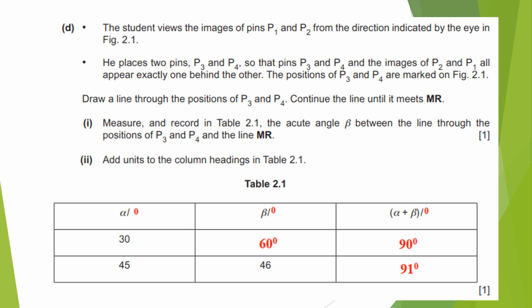So all have units of degrees. First beta is 60 degrees, and alpha plus beta, we add these two columns and write in the third column: 30 plus 60 is 90, and 45 plus 46 is 91 degrees. Then let's move on to the next question.